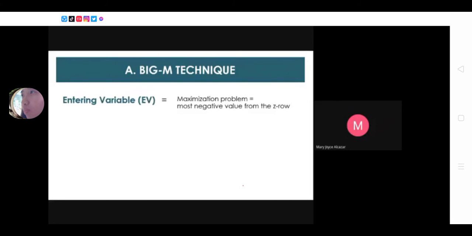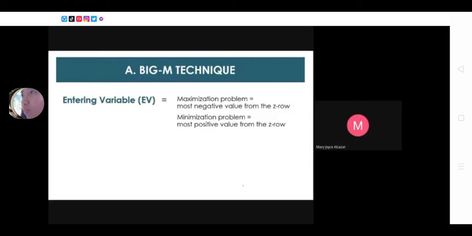That is for maximization problems. Then for minimization problems, the criterion is it should be the most positive value from the zero row. Then the column containing that positive or negative value is classified as the pivot column.